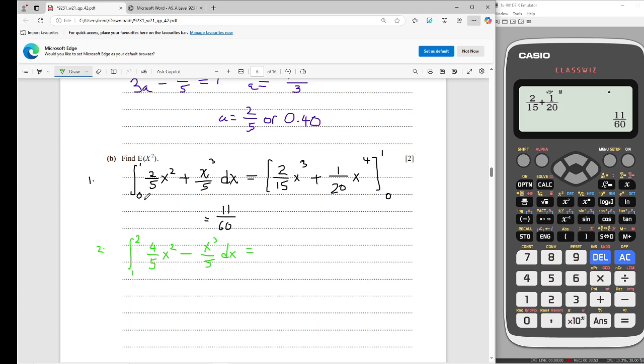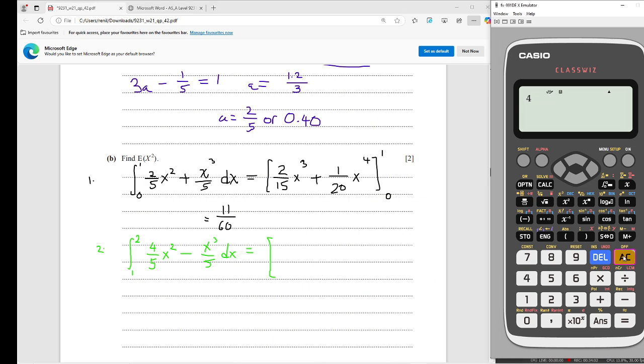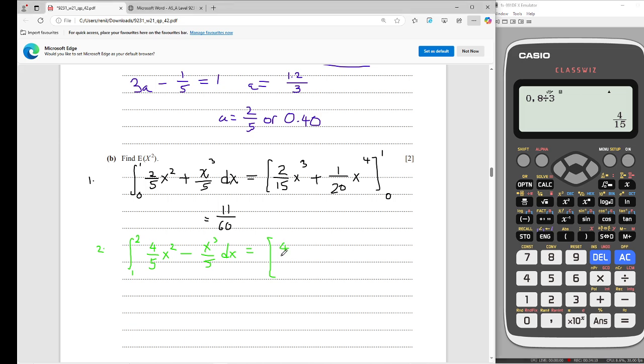For this one we get 4 over 15. This is going to be that section there, and for this one we already solved it. We got 1 over 20, but it's going to be negative this time, so 1 over 20 x to the power 4.